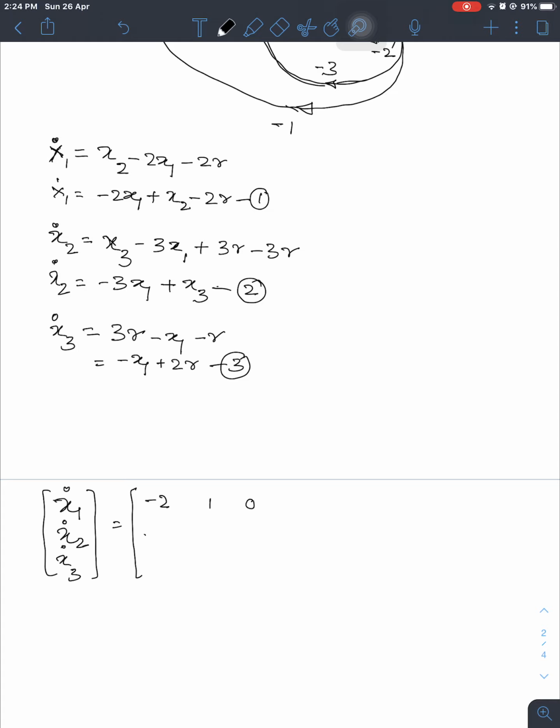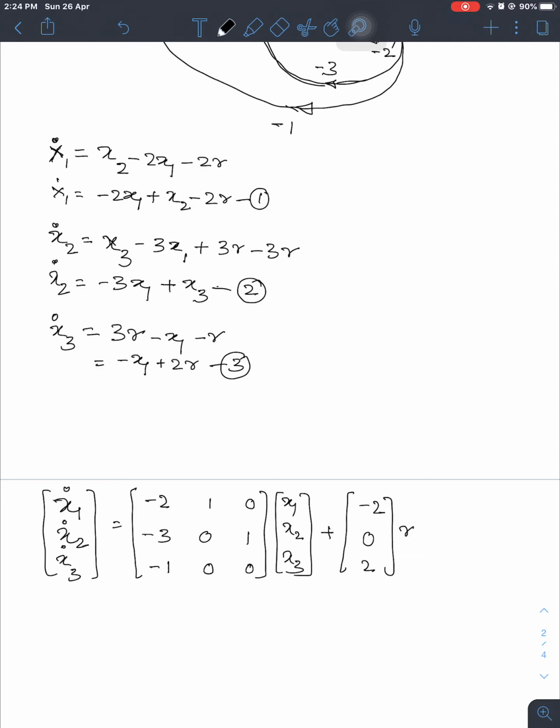In the second equation, we have minus 3 x1, no x2, 1 x3, and minus x1, no x2 and no x3. This is multiplied with x1, x2, x3, plus, from equation 1 we have minus 2, there is no r term in the second equation, there is 2 in the third equation.